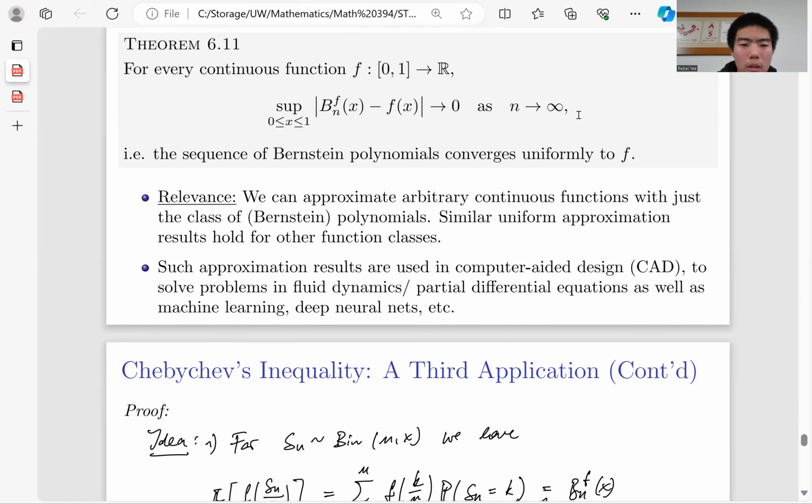The main thing is that we can use it to approximate continuous functions with Bernstein polynomials. And that is very useful because, imagine in characteristic functions or moment generating functions, those uniquely define a distribution.